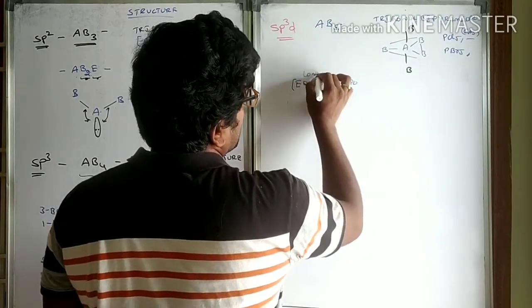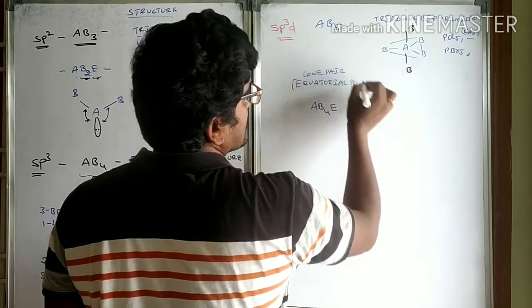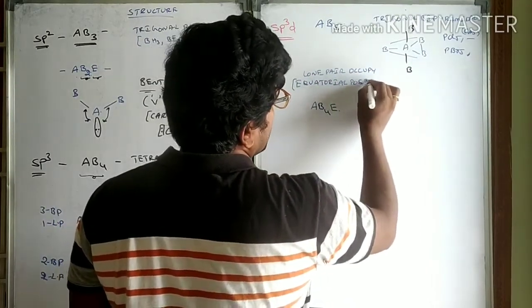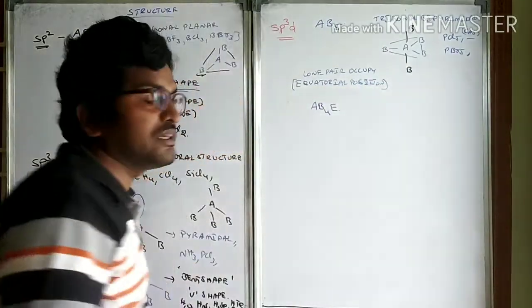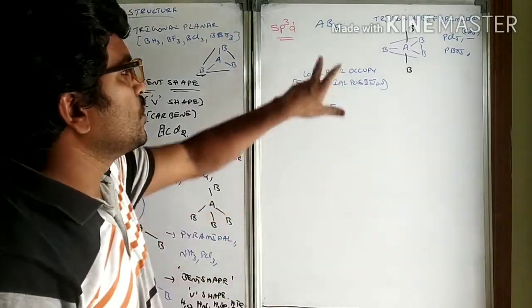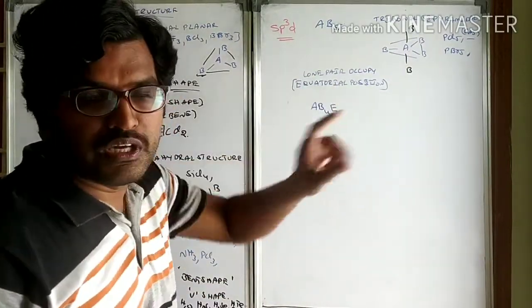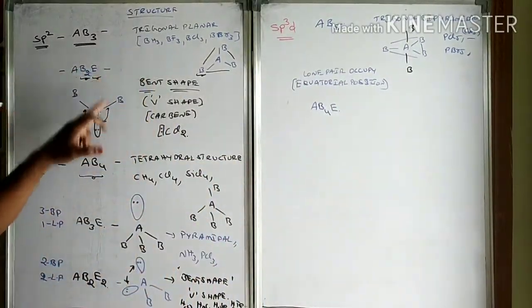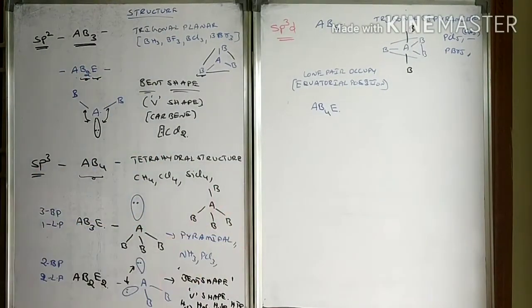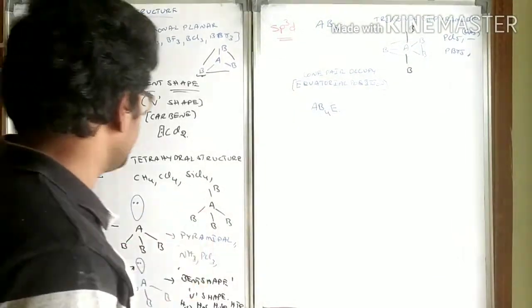Lone pair occupies the equatorial position. This is a very important thing. Only in the case of sp3d hybridization, the lone pair prefers to occupy the equatorial position first. In other cases it will prefer to occupy the axial positions, preferably.